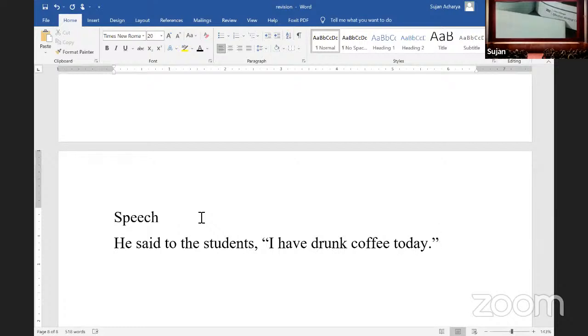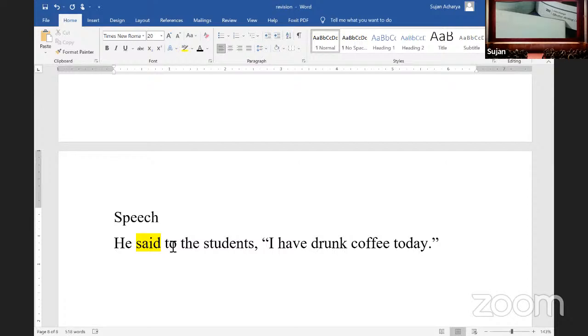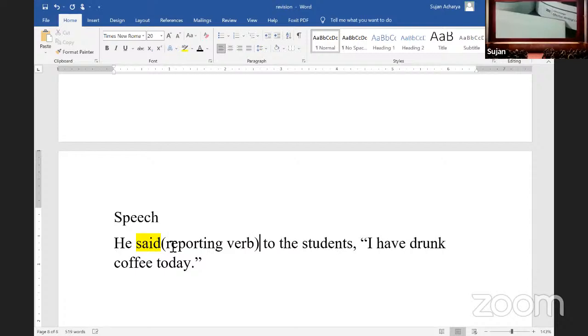What we have to look at while changing the speech are these items, the highlighted items. This is called the reporting verb.